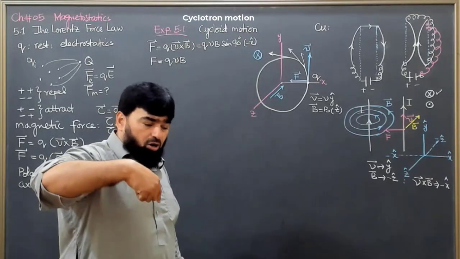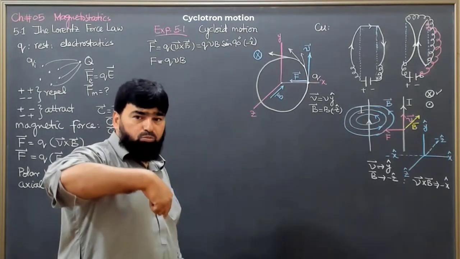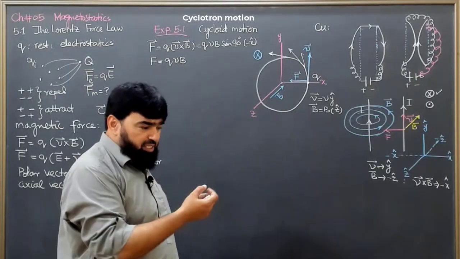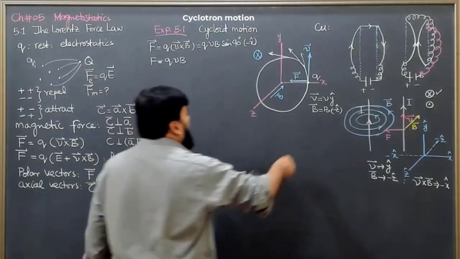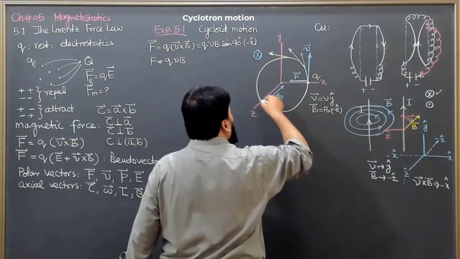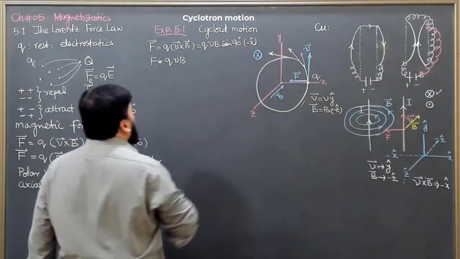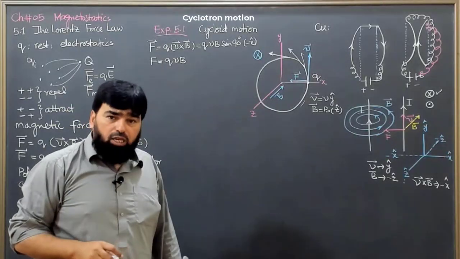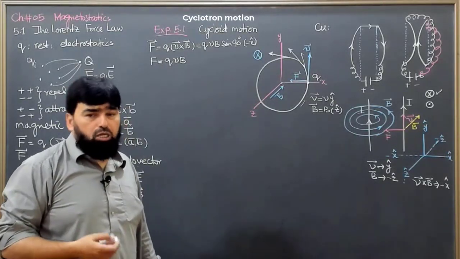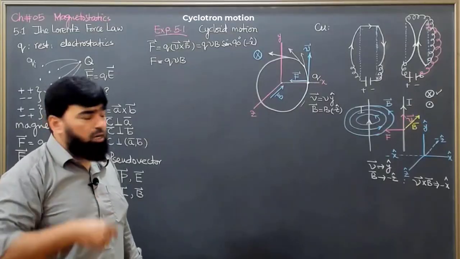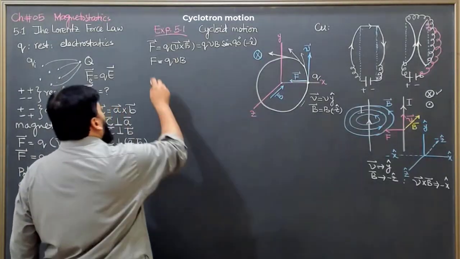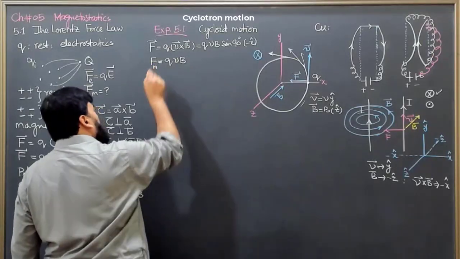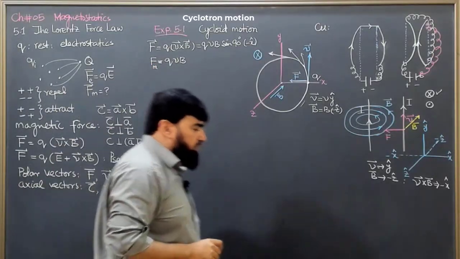It will cause a force that is coming from the center of this circle, and the particle will start moving in a circle, and we call this cyclotron motion or cycloidal motion or circular motion. So we have the magnetic force equal to this.